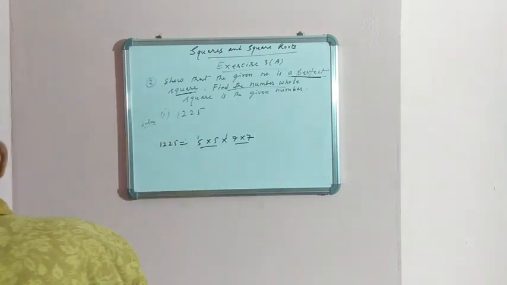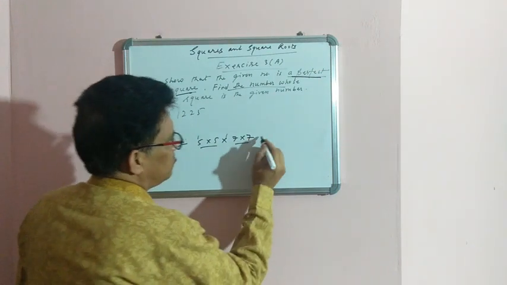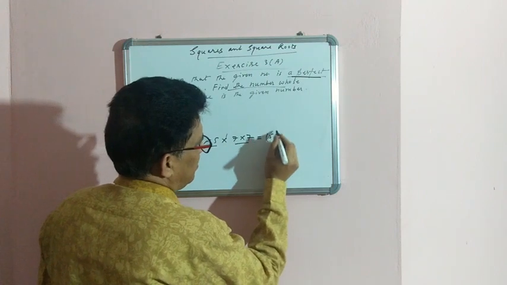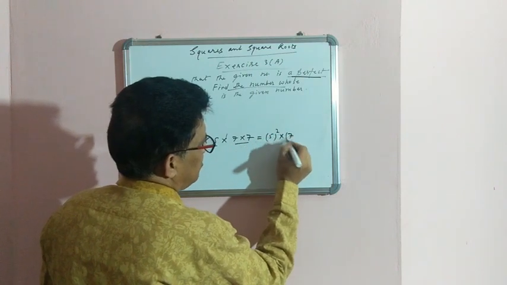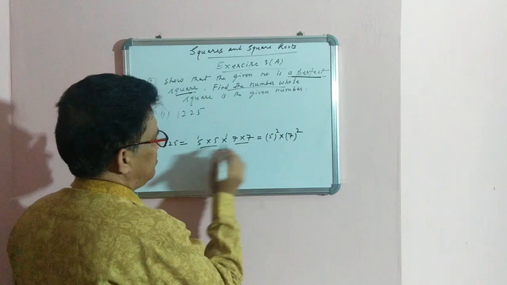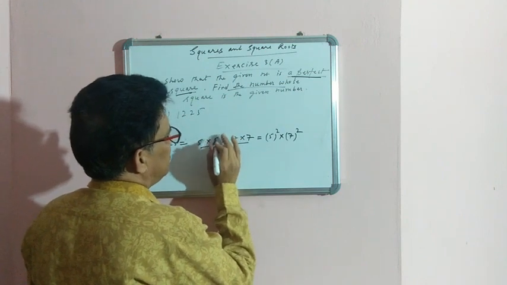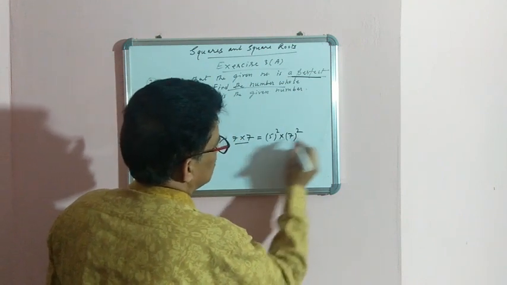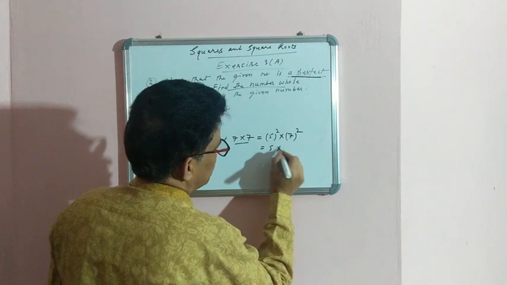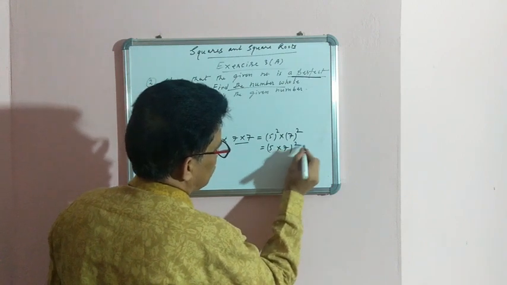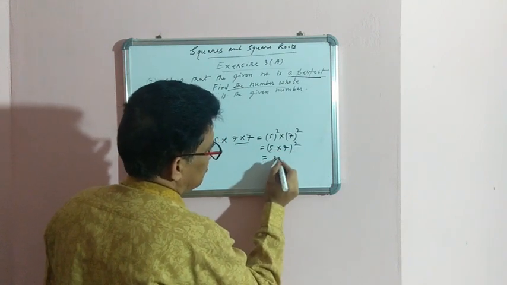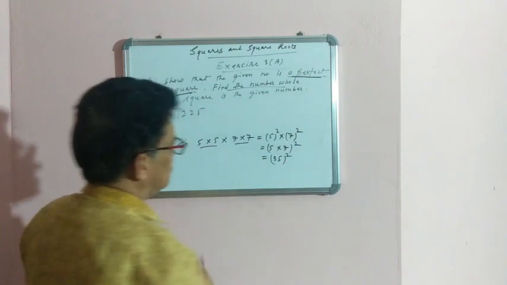Now this we can write as 5 square into 7 square, so this is 5 into 7 whole square, which is 35 square. This is clear?